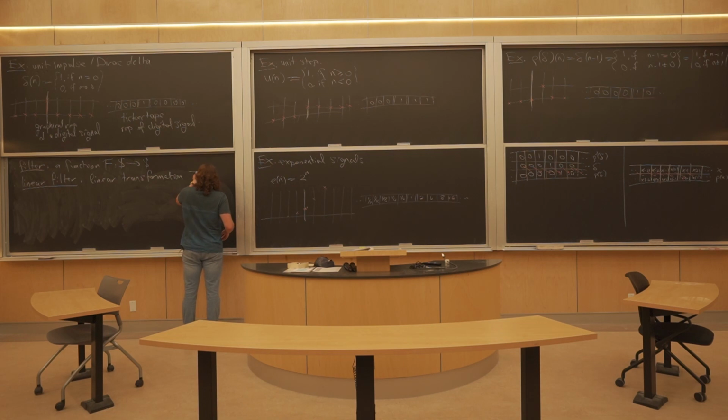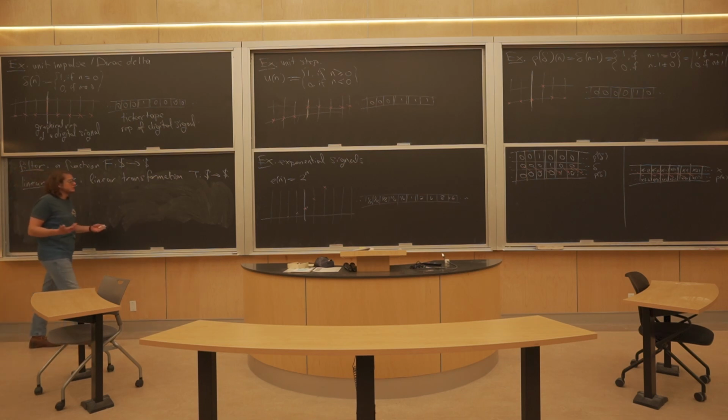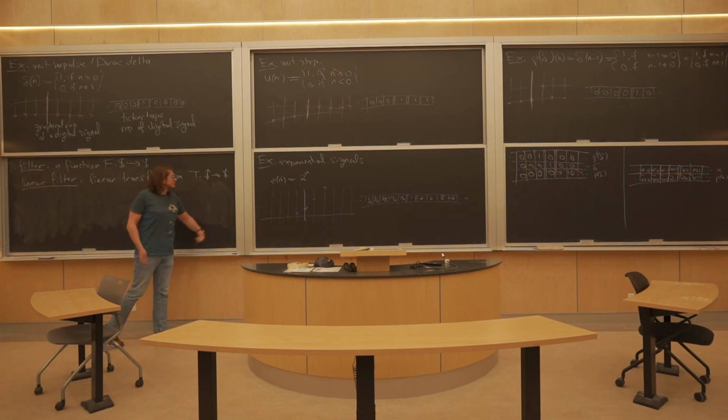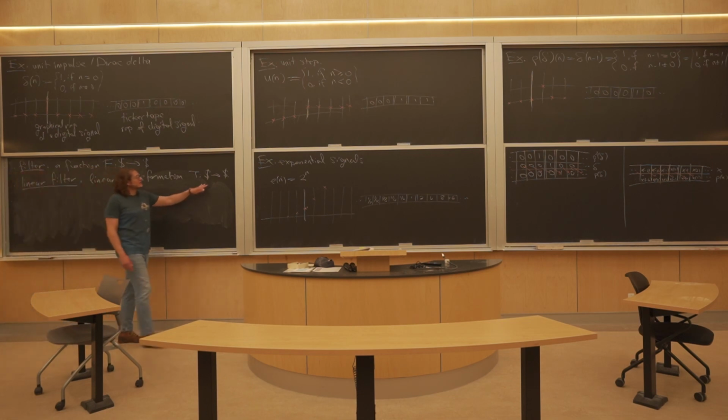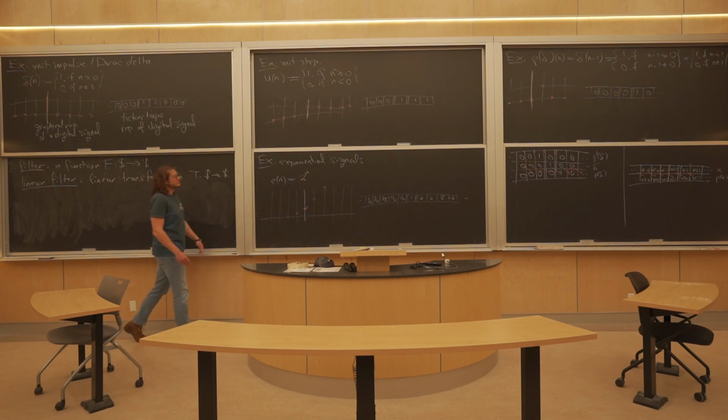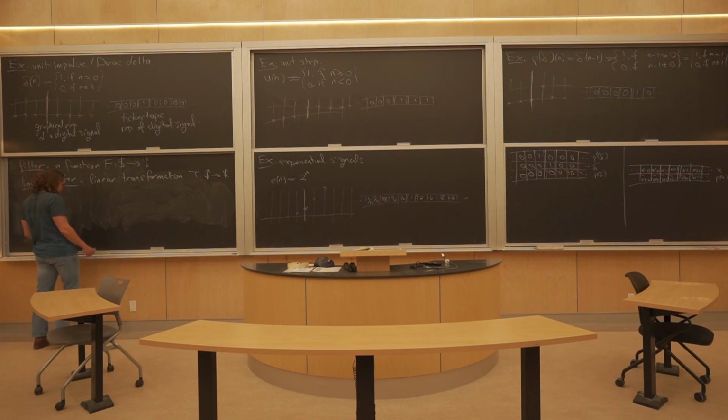Let's call it T. Now, what do I mean by linear transformation here? Well, I mean that it satisfies the axioms of being a linear transformation. And you add, or maybe we should do an example of adding some signals. Let's do that, in fact.